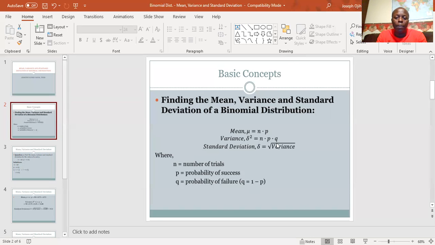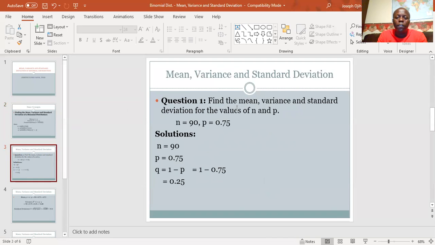Okay, now let's apply these formulas. The first question says to find the mean, variance, and standard deviation for the values n and p. Remember, I'm sure that you have all done mean, variance, and standard deviation for the frequency distribution. But now we're doing the same thing for a probability distribution that we call binomial.